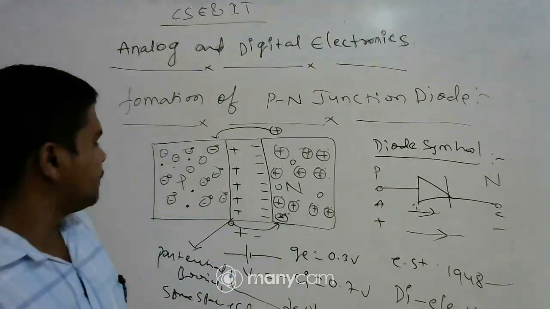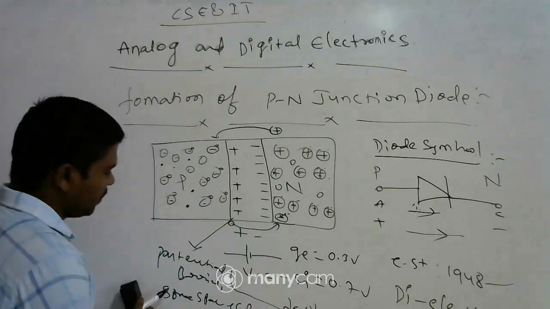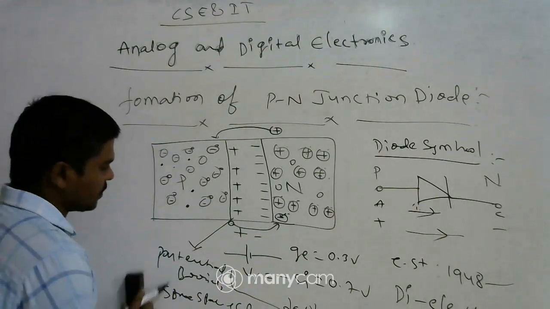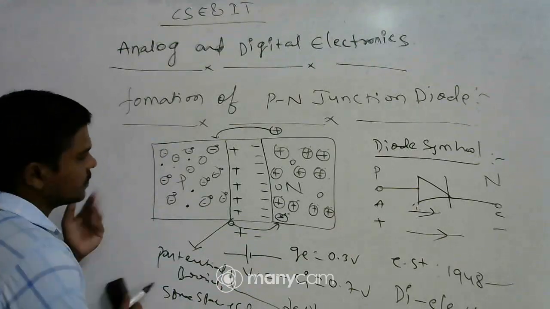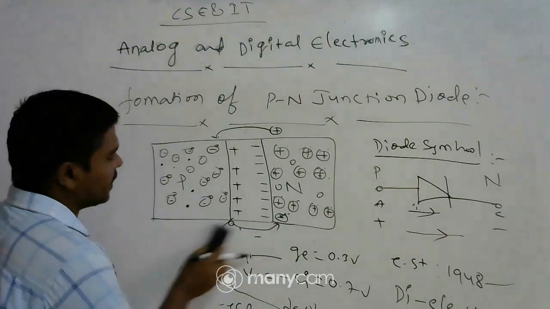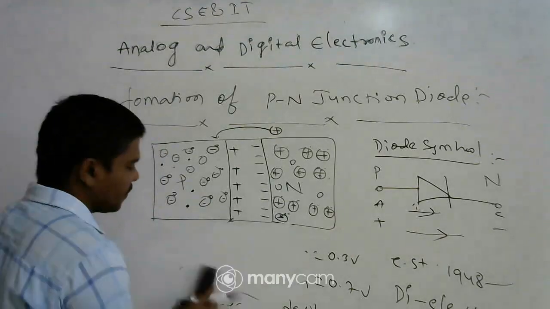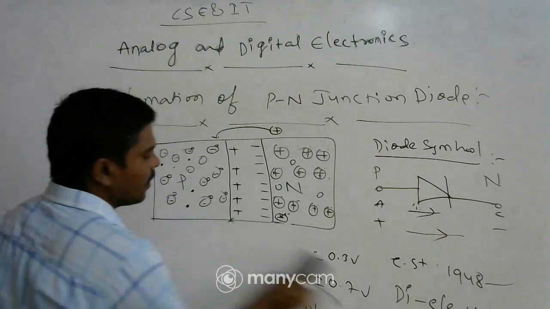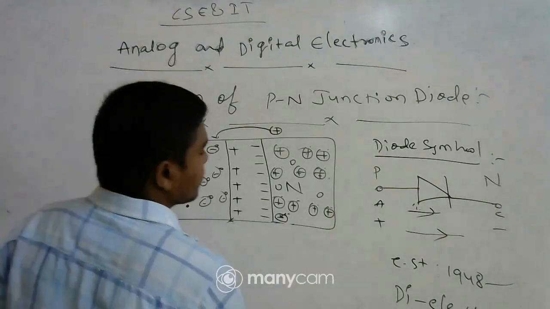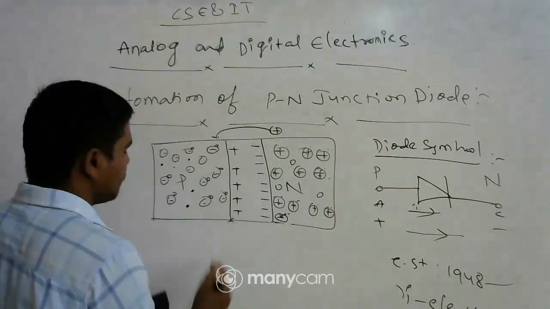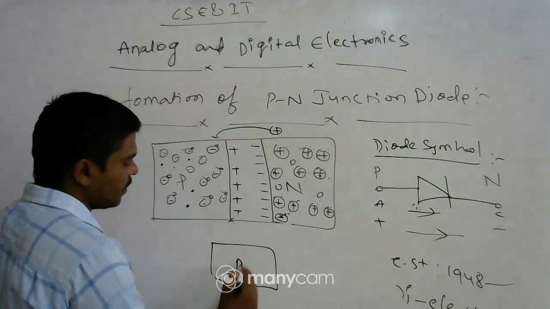I will explain what happens when you apply a bias voltage to the P region and N region. This is the P region.